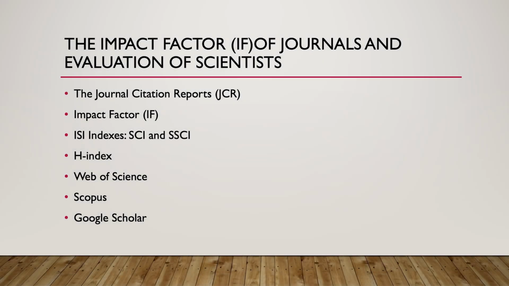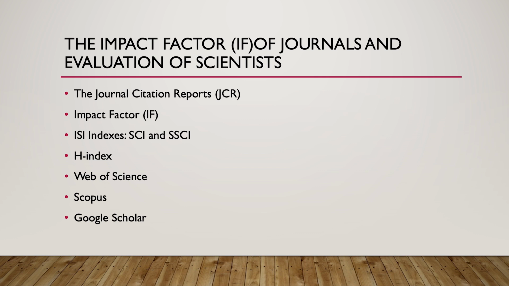In terms of bibliometrics, the impact factor of journals, and evaluation of scientists, there are a couple of other terms that we should be aware of. The first one is the Journal Citation Reports, also known as JCR. Impact factor, IF, ISI indexes. These are referring to the Science Citation Index and Social Science Citation Index. We have the H index, Hirsch index, Web of Science, Scopus, and Google Scholar.